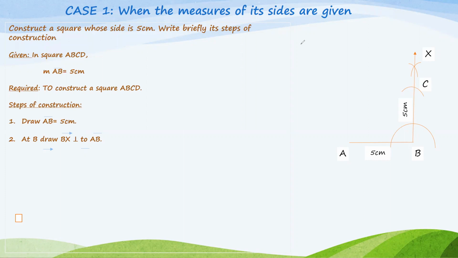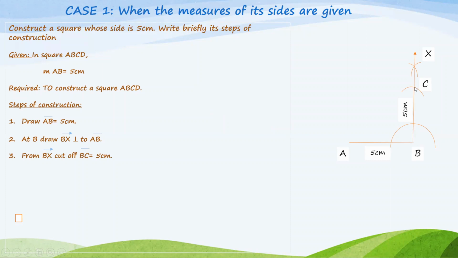Is it clear? So what will be the next step of construction? The next step is from BX, cut off BC equal to 5 centimeter. Or you can say that with B as center and radius 5 centimeter, draw an arc which cuts BX at point C. Clear?